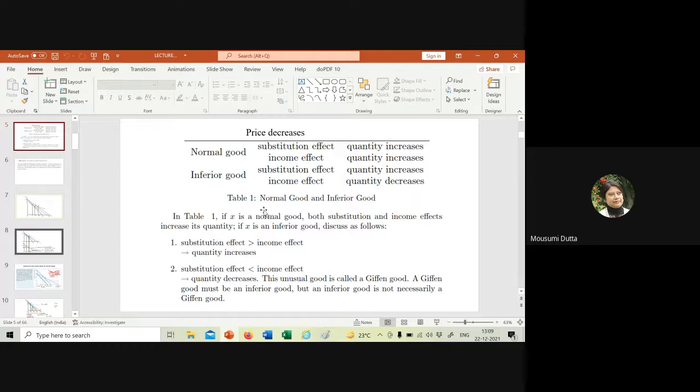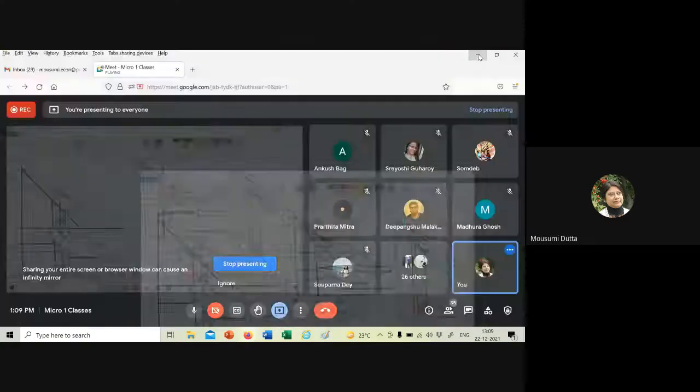Is there any similarity in the results derived by Hicks and Slutsky? Again, I'll consider the cases when there is a reduction in price, and it will be your task to do the same for when there is an increase in price. So this is all for today.